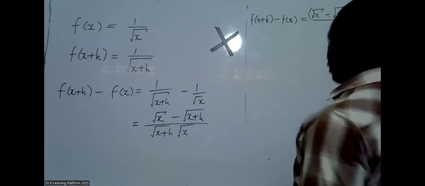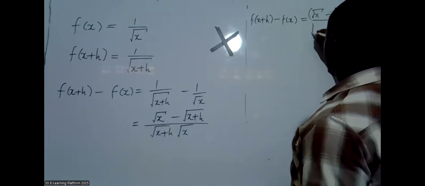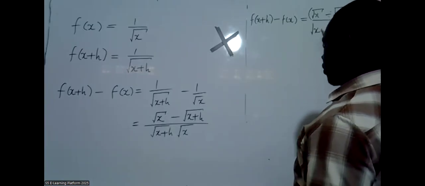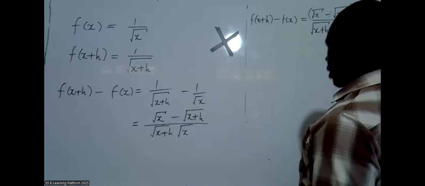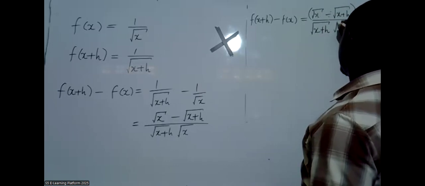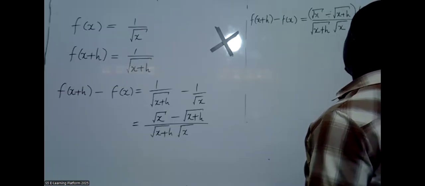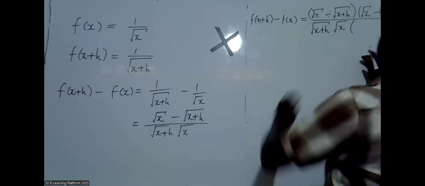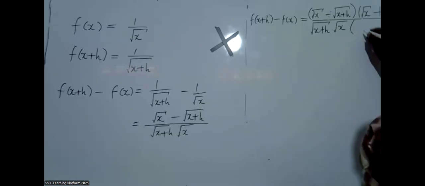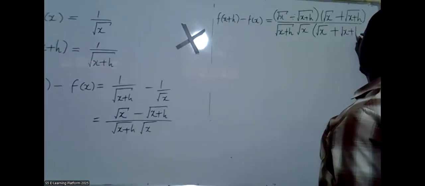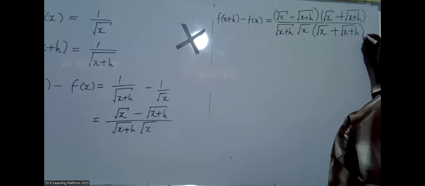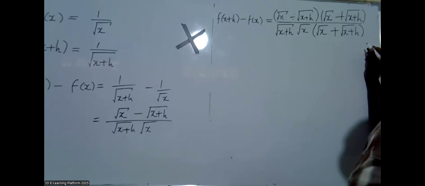Then the denominator is first of all root of x plus h, like that, times root of x. Now put brackets here to cater for that conjugate, root of x plus root of x plus h. Like that.